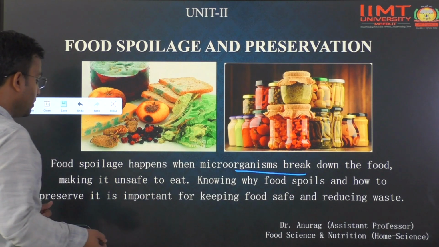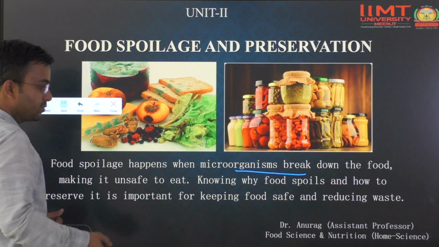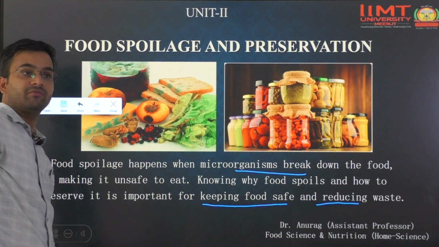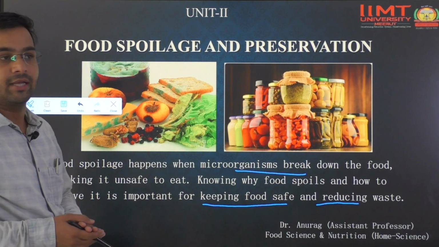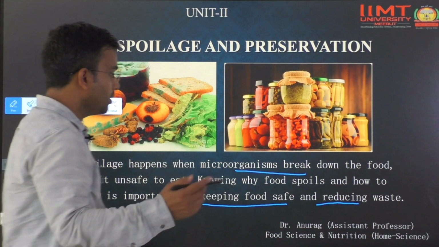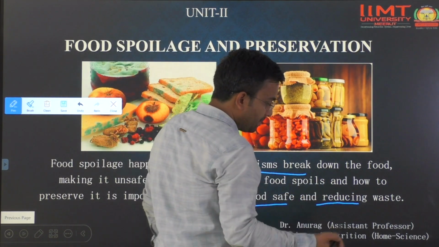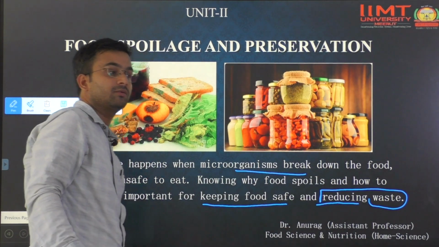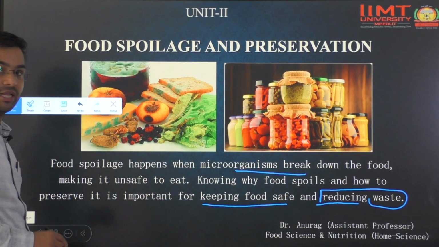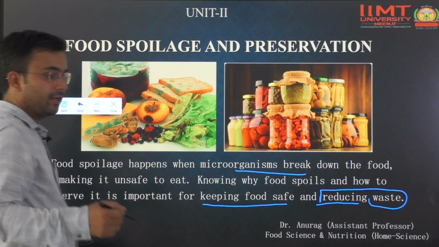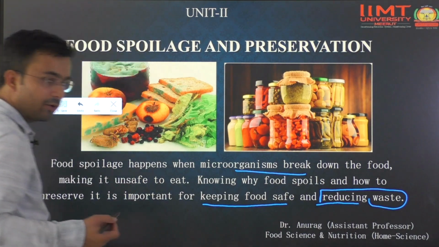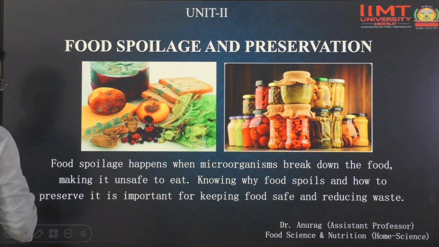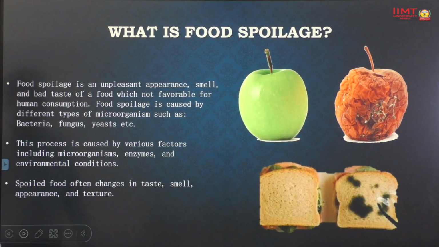Preservation keeps the food safe and reduces waste, because if our food is contaminated, we also face an issue of food waste, which is a challenge for our environment in the recent scenario. So let us discuss more about food spoilage.